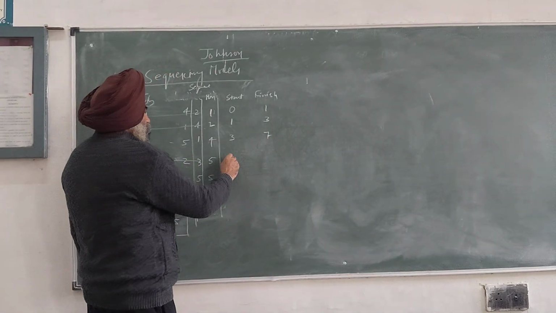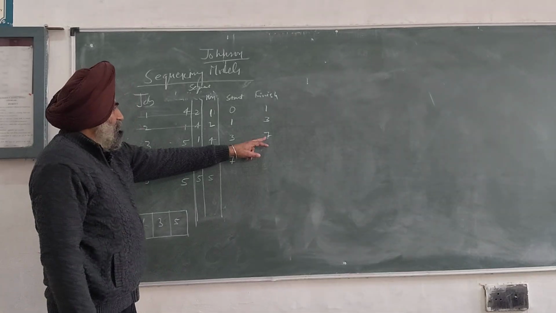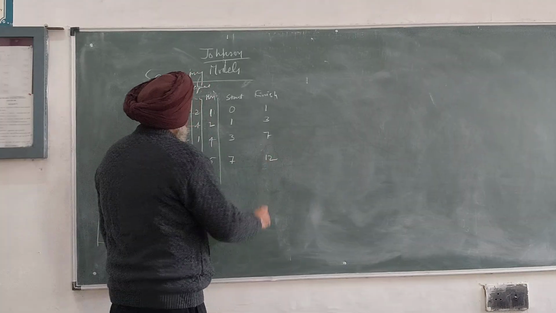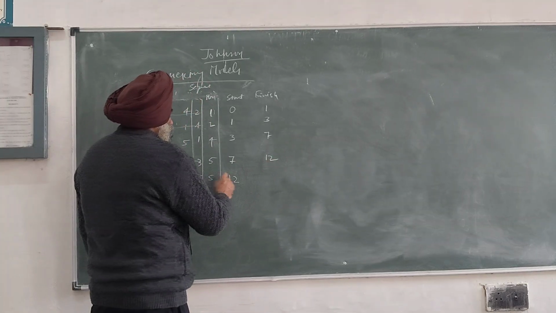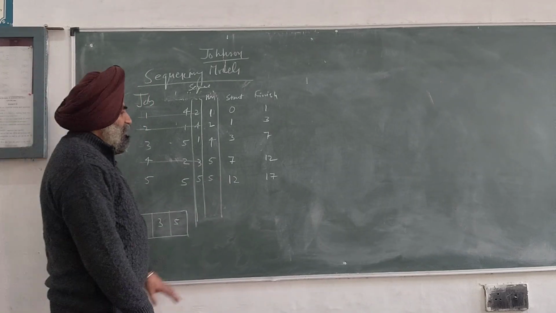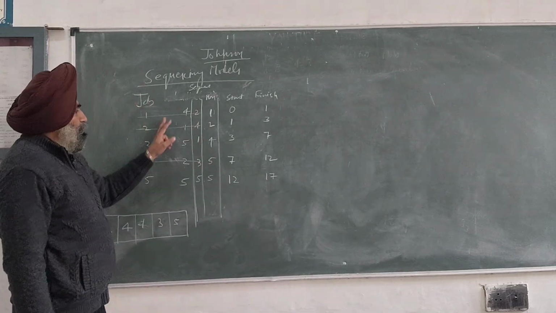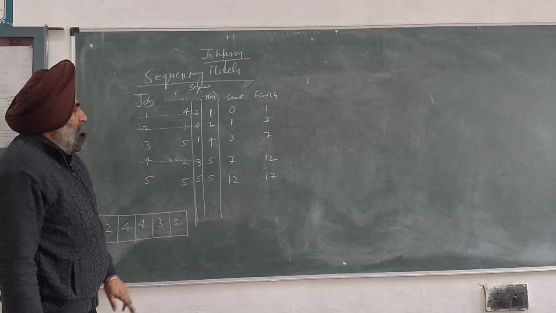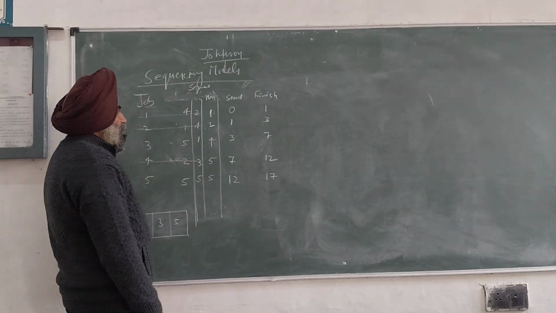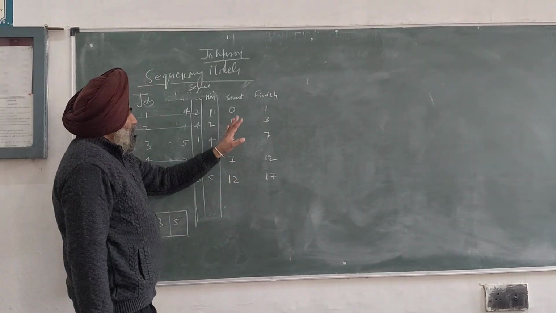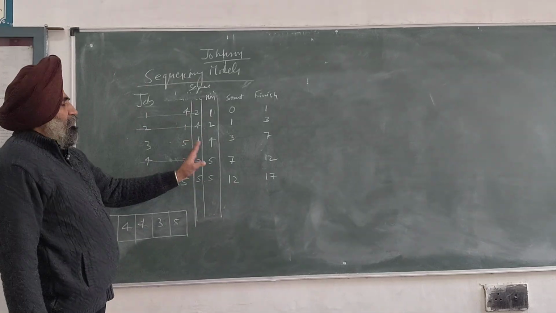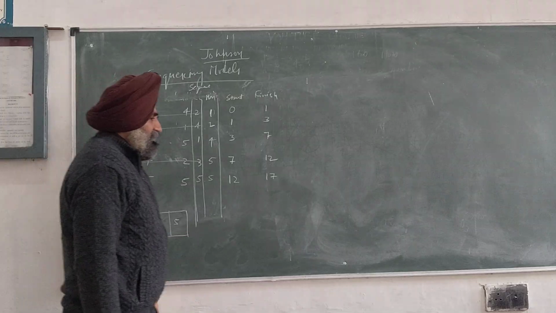On completion of the 7th minute, we take the next job, and it takes 5 minutes, so this becomes 12. And 12 plus 5 is 17. So within 17 minutes, you are able to process all the 5 jobs. This is the minimum time, we do not remain idle, the whole operation being occupied.